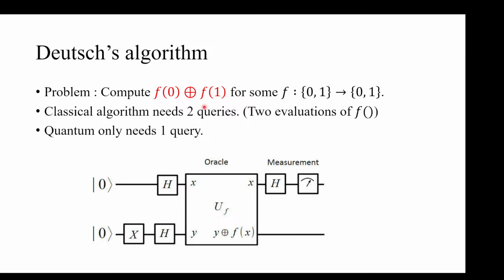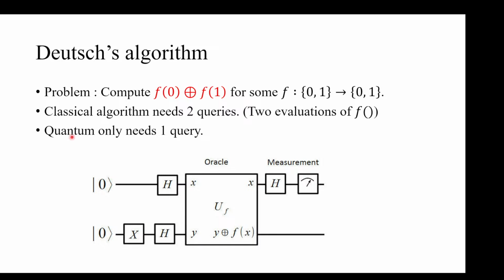That's the most efficient classical algorithm, and obviously it requires two queries. It means that you need to evaluate f twice, because you need to compute both f0 and f1 to know what f0 plus f1 is.